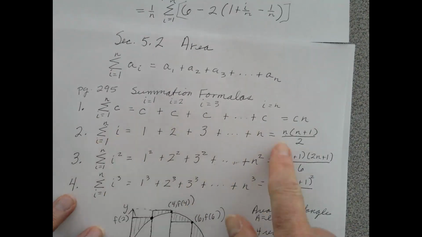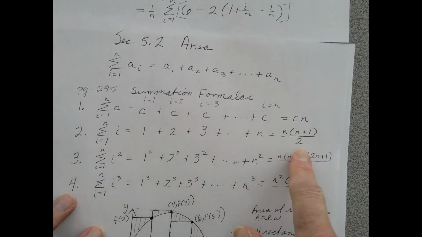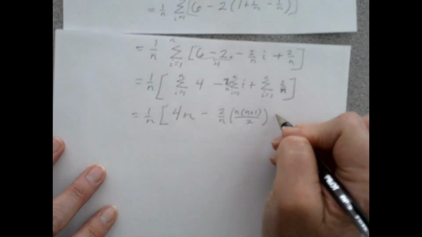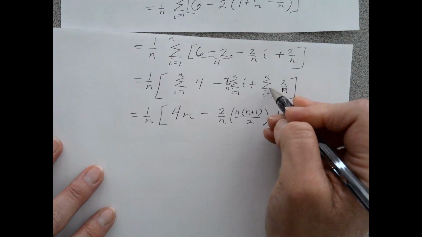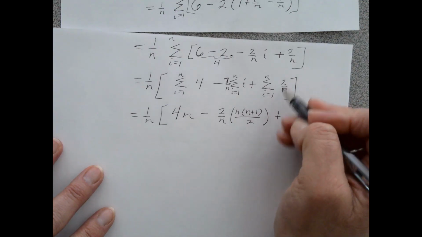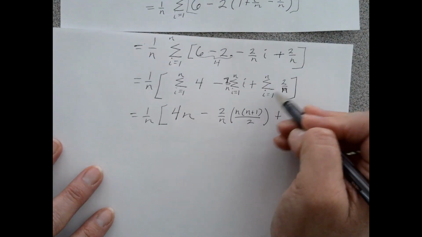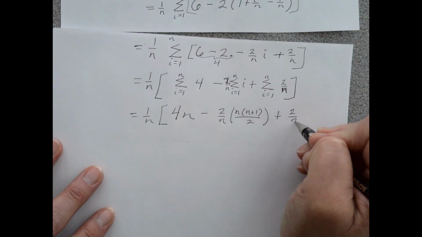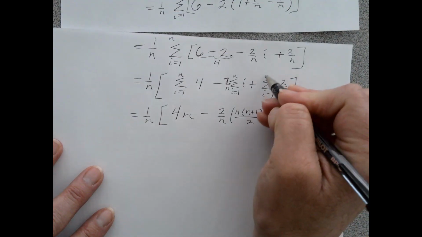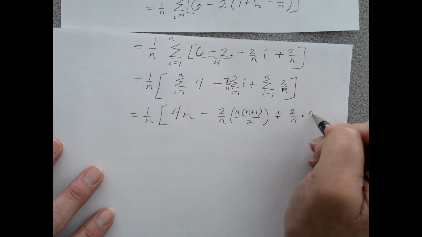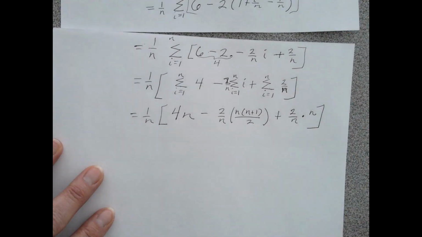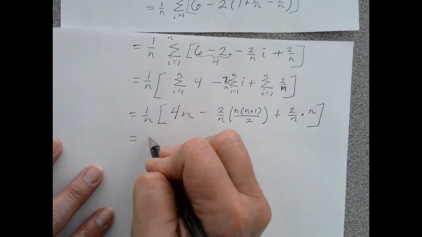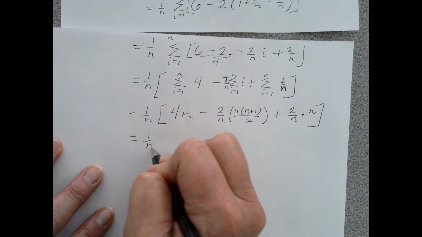Summation of i is n times n plus 1 over 2. Okay, and then plus the summation of a constant, right? That whole thing is constant because it doesn't have an i in it. So it's the constant times the upper limit there, n. Make sense?